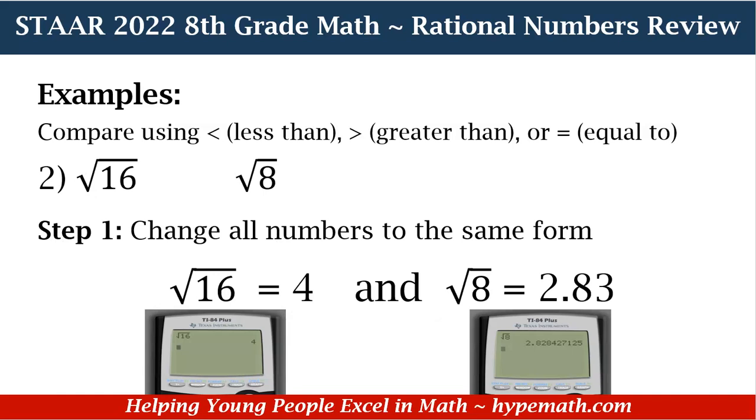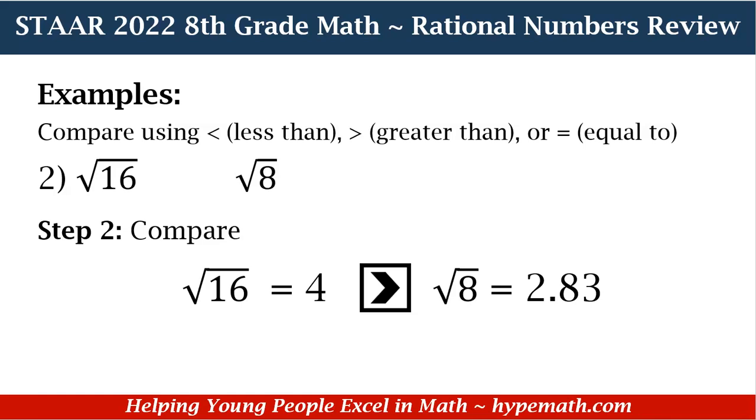Let's look at number 2. We have the square root of 16 and the square root of 8. For our step 1, we are changing all of the numbers to the same form. We found the square root of 16, which is 4, and the square root of 8, rounded to the nearest hundredth, is 2.83. Step 2, we need to compare.